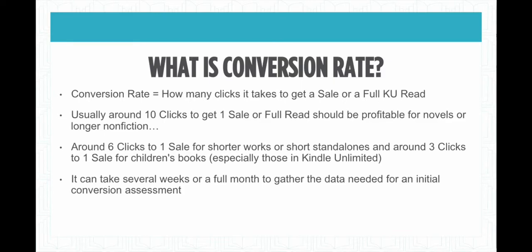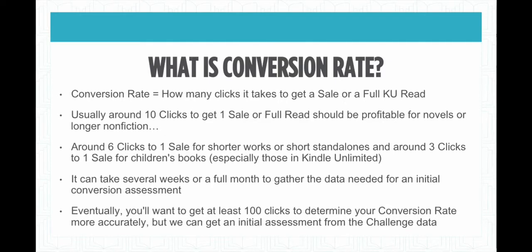Usually we recommend at least 100 clicks or several weeks to a month to gather the data needed to initially assess your conversion. Ideally, 100 clicks. And that's per book. So if you're running ads on multiple books, you want 100 clicks for the book in order to look at how many units you've sold and how many KU pages.